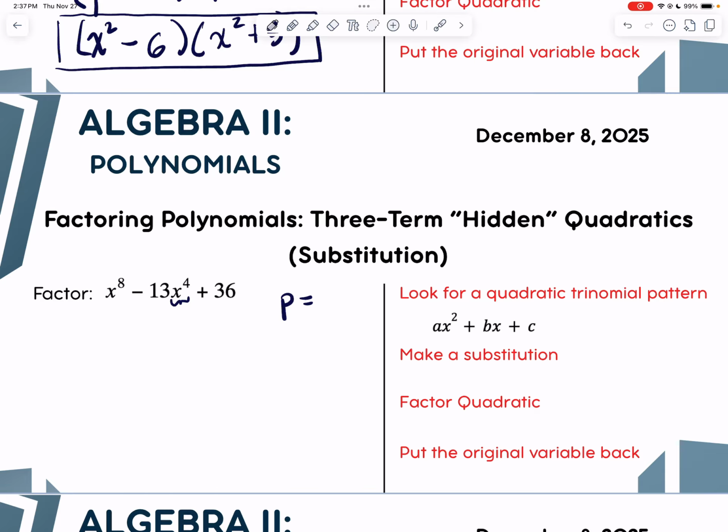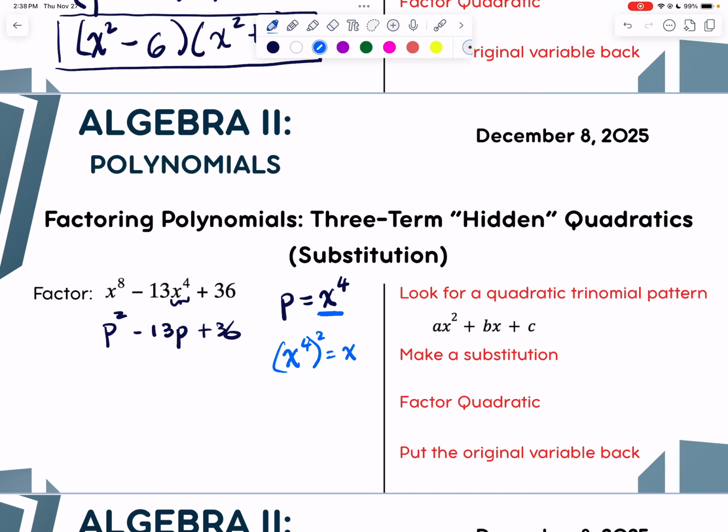So in this case, p is x to the 4th, and now we have p squared minus 13p plus 36. Just to make sure, if p squared is that first term, that means that's x to the 4th squared, which is in fact x to the 8th, which lines up with the actual first term. That's what we want.